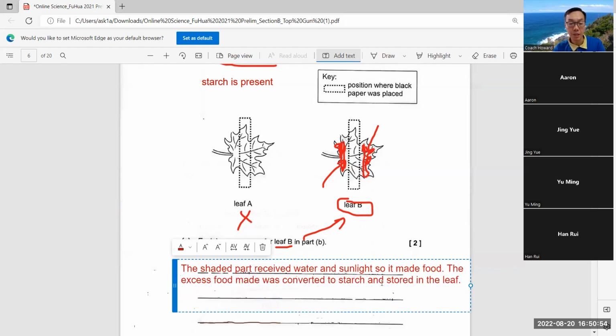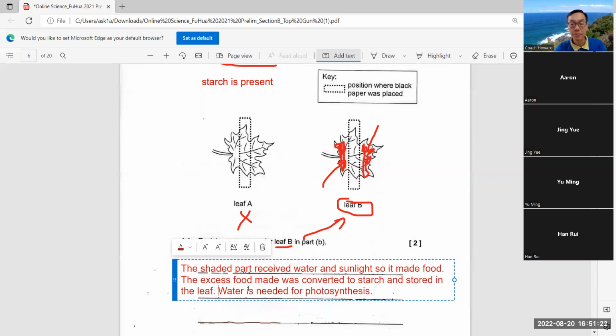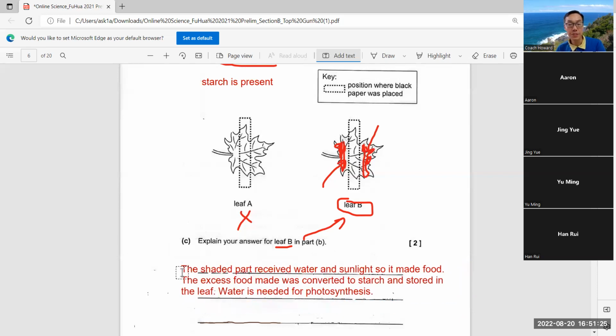You say that water is needed for photosynthesis. So we add in here: water is needed for photosynthesis.